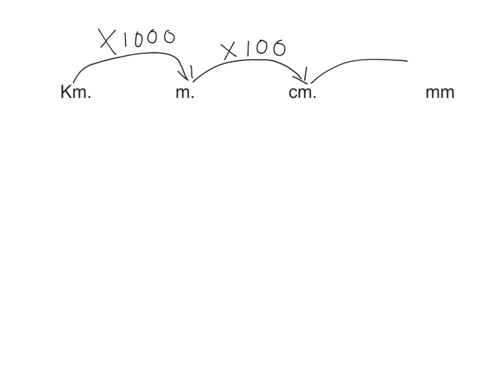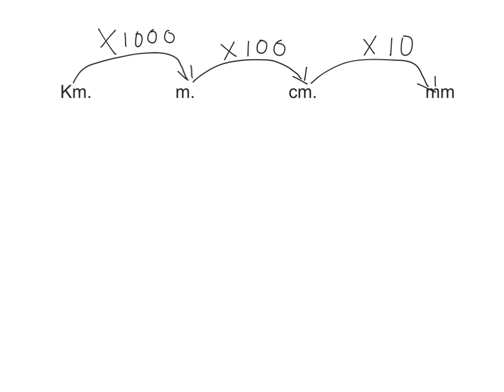The things you have to remember are: to convert from kilometers to meters, you multiply by 1,000. To convert from meters to centimeters, you multiply by 100. And to convert from centimeters to millimeters, you multiply by 10.